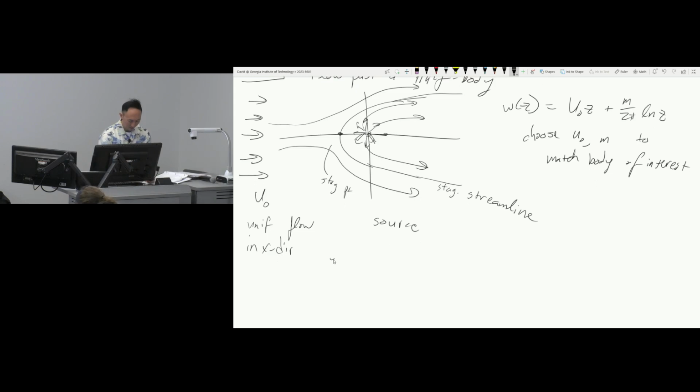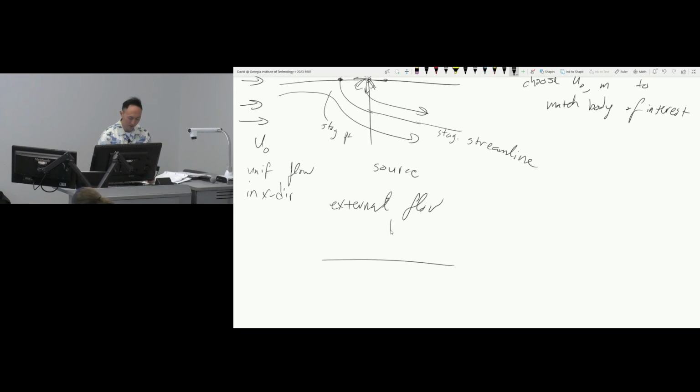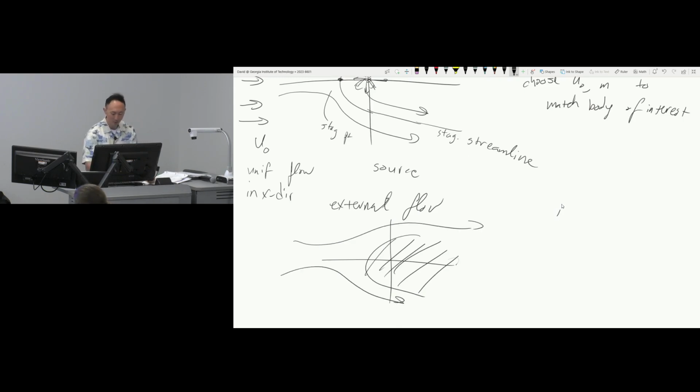For example, external flow: if I redraw this thing, because nothing crosses that stagnation streamline, I might as well consider it to be a solid body. And then people can use this to model flow past this thing. Or people can use this to consider internal flow.